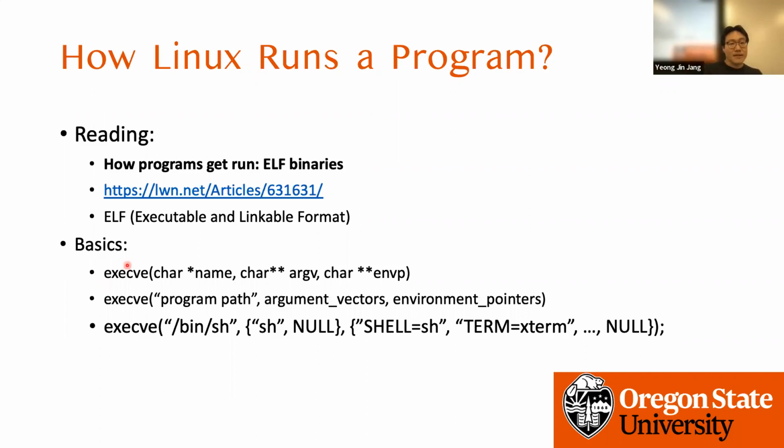In that call, we need to put the program path, the argument vector, and the environment variables, and all of these will be put on the stack before running the main function. So if we can inject something here, it will be on the stack. The straightforward answer is that we can put the shellcode in the argument vector and also in the environment variables.